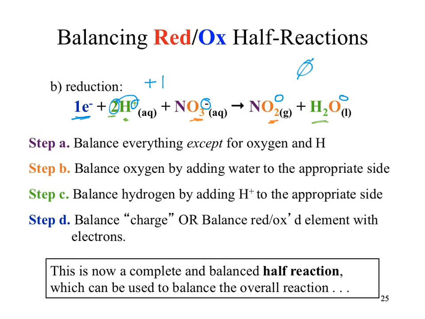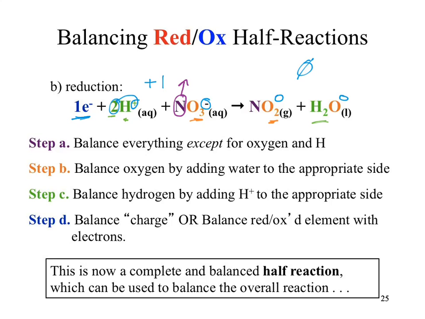The other method, which you'd prefer depending on how much practice you've had with each, is to look at the element that's losing or gaining electrons. In this case, we're looking at a reduction. Which element was reduced? Ammonia. Which element?